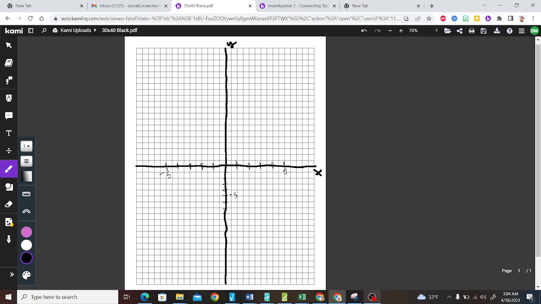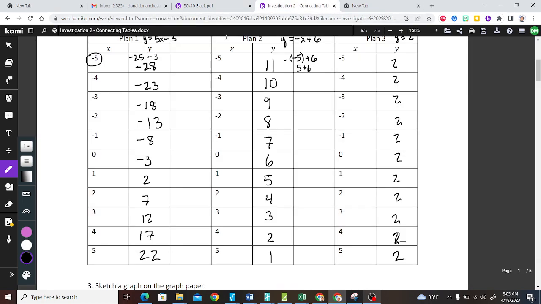Another 5, that's -10, then -15, then -20. Up here, 1, 2, 3, 4, 5, that's 5, then 10, then 15, and that's 20. Okay. So the first point from the table for the first graph was -25, -28.